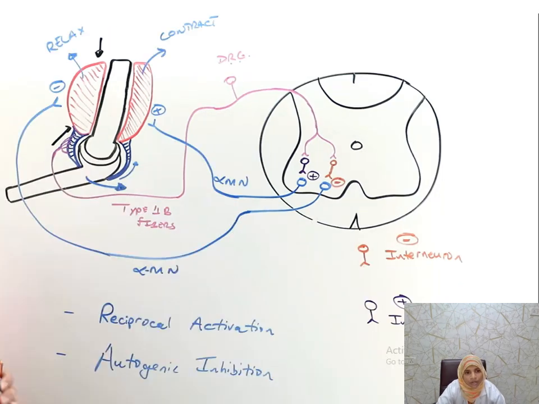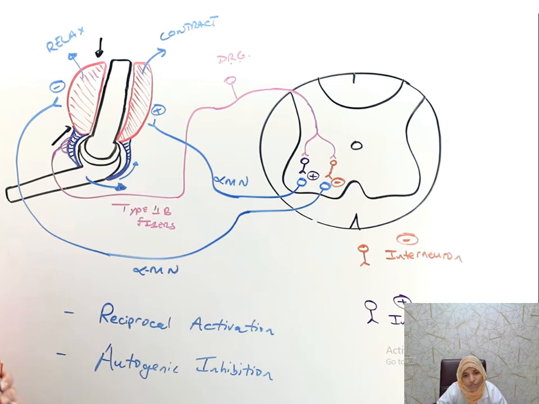So whenever there is increase in the tension, the Golgi tendon organ is going to sense it, and the afferent is via the type 1B fibers which go via the dorsal root ganglion, enter the dorsal horn of the spinal cord, and bifurcate onto the interneurons. Then you tell me, because there is increase in the tension, we want the agonist muscle to be inhibited or to relax.